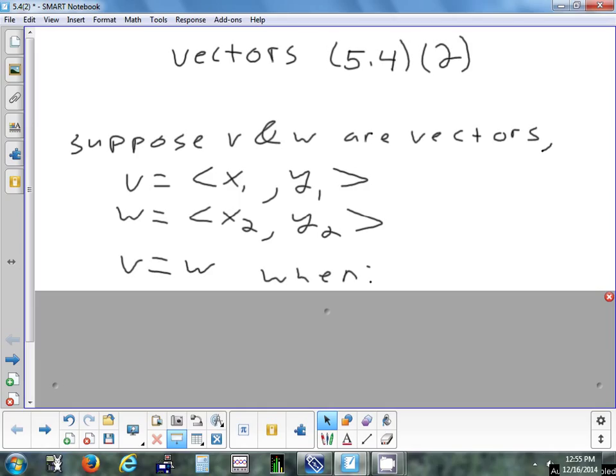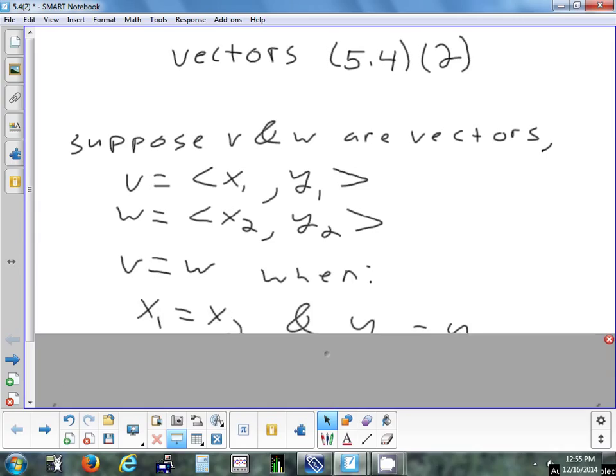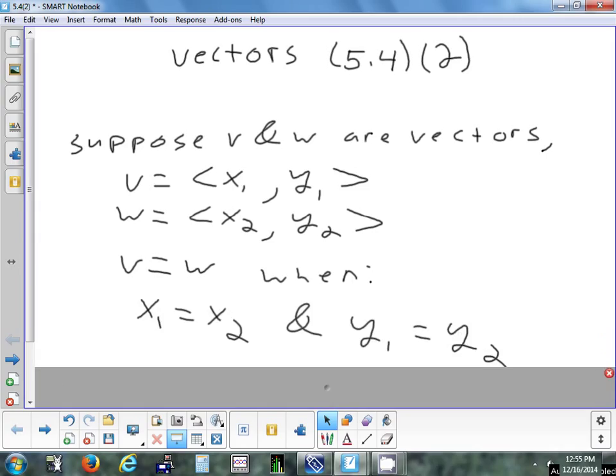But it doesn't necessarily tell you where you need to start from. So when we say two vectors are equal, it's not that the vectors are drawn in the same spot. That doesn't matter. Two vectors are equal if their x components match and their y components match.